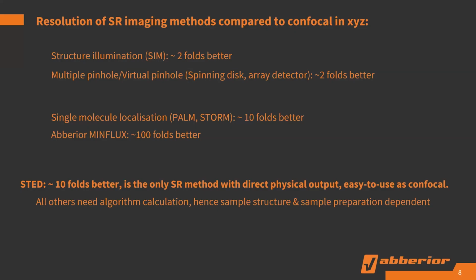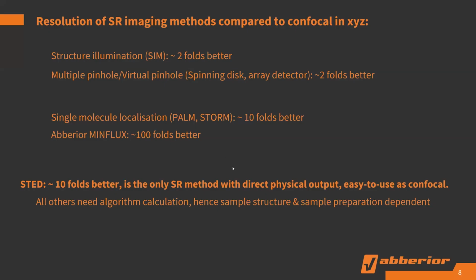The third category is STED. STED is 10-fold better than a confocal microscopy and is the only super resolution method with directly physical output and easy to use as a confocal. All the other super resolution methods, you need algorithm calculation, and hence it's sample structure and sample preparation dependent.